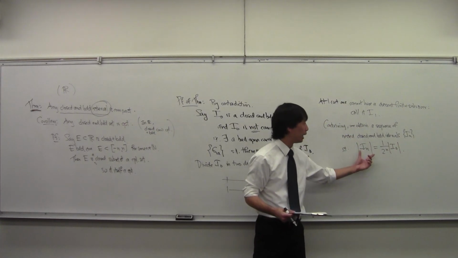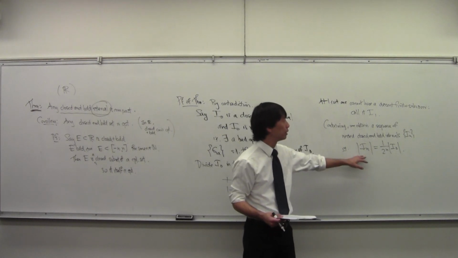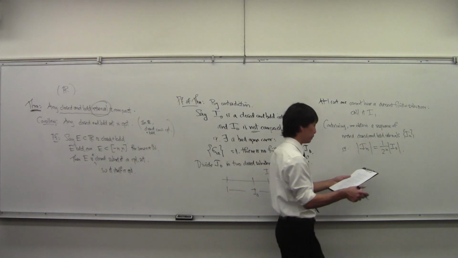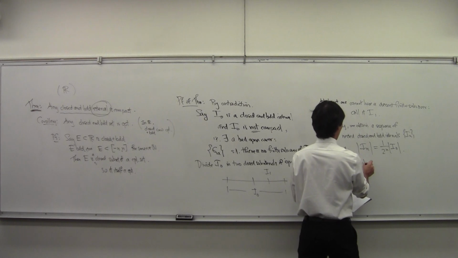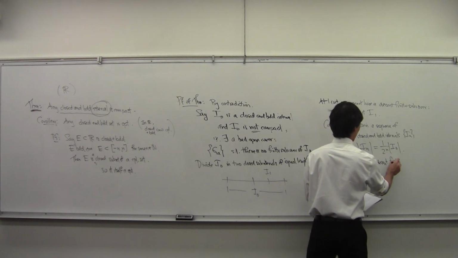This absolute value we use as the length of the set. So they're shrinking by half every time, and none has a decent finite subcover.